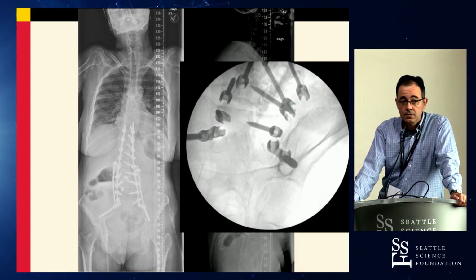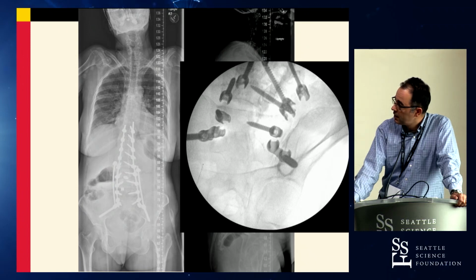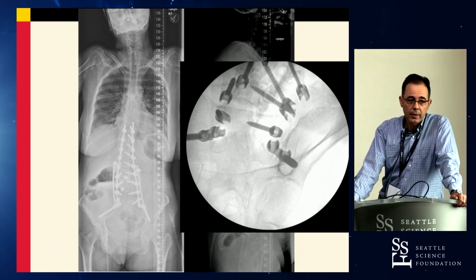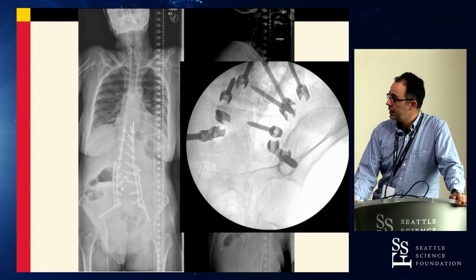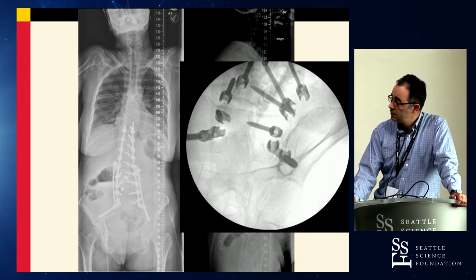And did you put a T-lif at L5-S1? In her case, she did not have much stenosis at L5-S1, so we did not T-lif it, and we extended the fusion down to the pelvis because of the long nature of the construct.